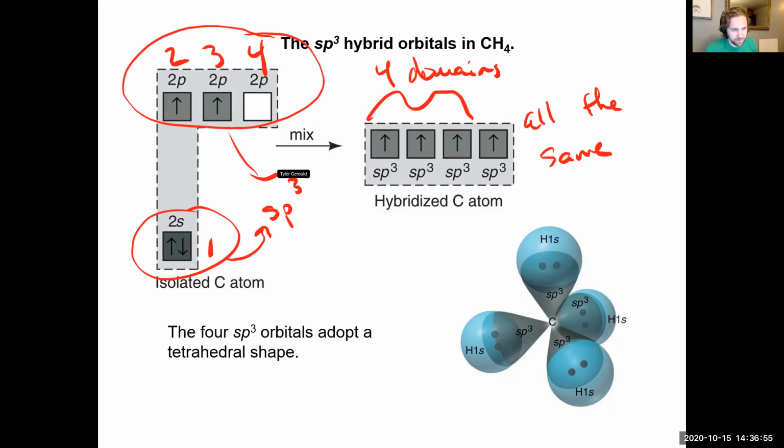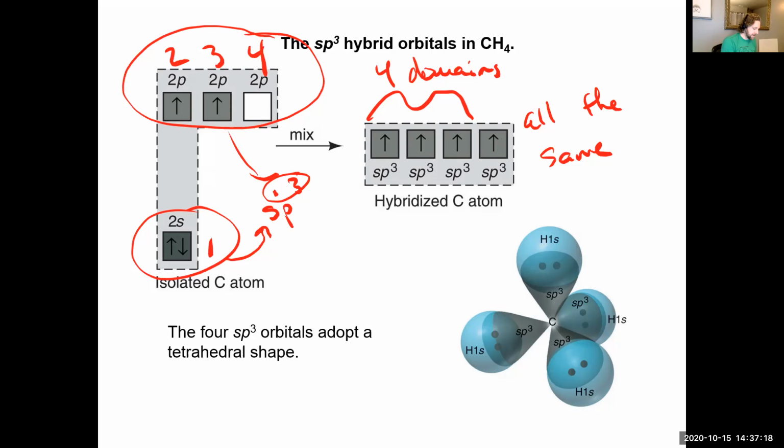That's where the sp3 notation comes from. And if you count the exponents, there's technically a little 1 in front of the s, just count the exponents. 1 and 3 add up to 4. I love the math that we're doing right now. 1 and 3 add up to 4 domains. S and 3p. So we can do a little finger math here.